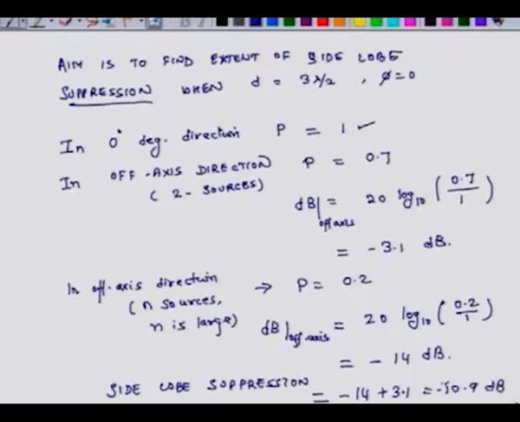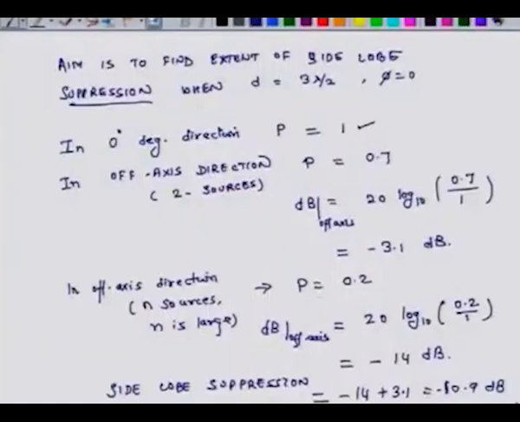So, just by virtue of having a distributed source, which implies that we have n sources, a very large number of sources over a distance of 1.5 lambda, my side lobe suppression was as high as 10.9 decibels.